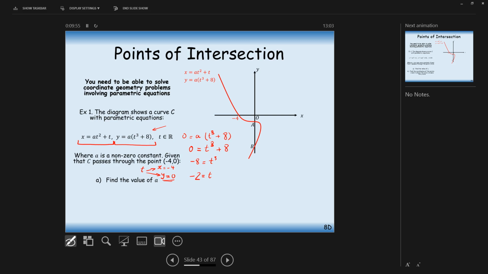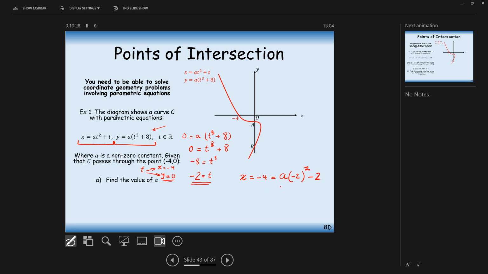Now that we found what the value of t is at this intersection point, we can use that point, and we know the value of x is -4. Therefore, -4 equals a times the value of t that I found, (-2) squared plus another t, but I'm just going to write -2 because I'm adding a negative number there.